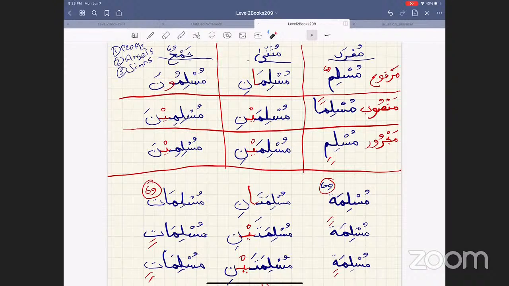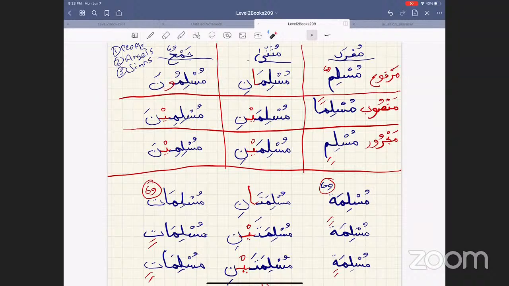You don't use them for objects, non-human things or animals. Okay? So in order to move muslimun, if we want to say a bunch of Muslims, we say muslimuna. We add the una at the end. And the sign of it being marfu' is the waw. Waw al-jama'ah tells us that this word is marfu'.